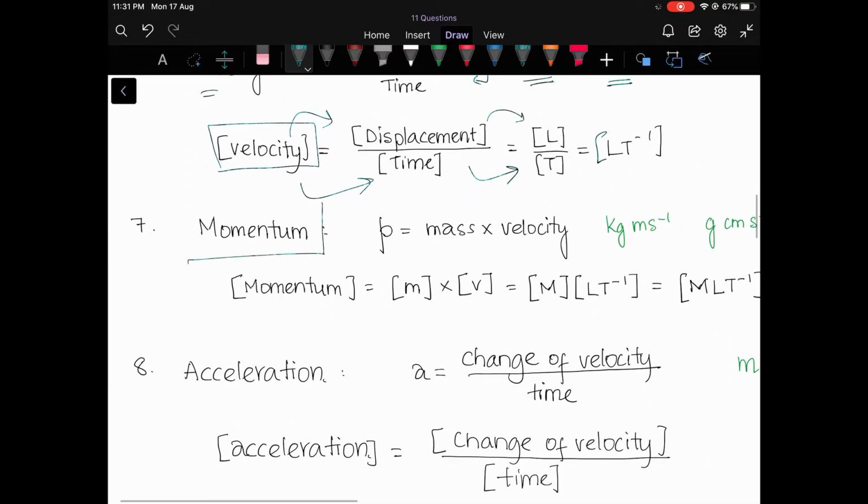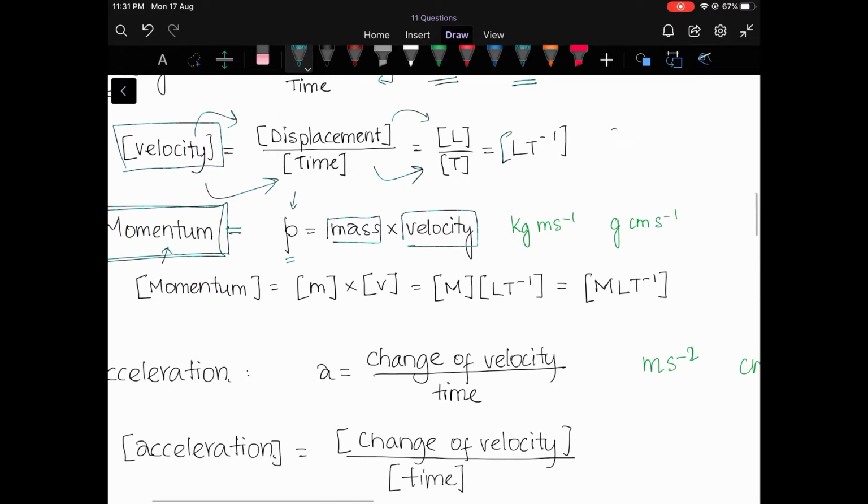Then we have a very important quantity when we study mechanics or kinematics, that is, about motion. That quantity is your momentum, represented by the symbol P, defined as the product of the mass of the object and the velocity of the object.